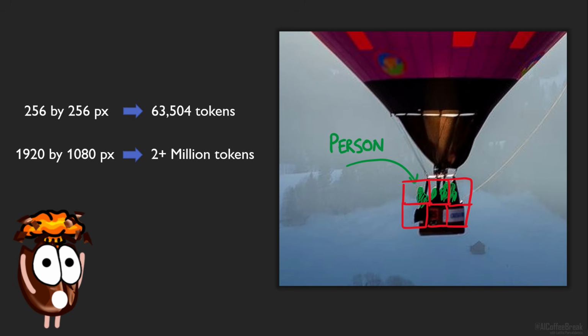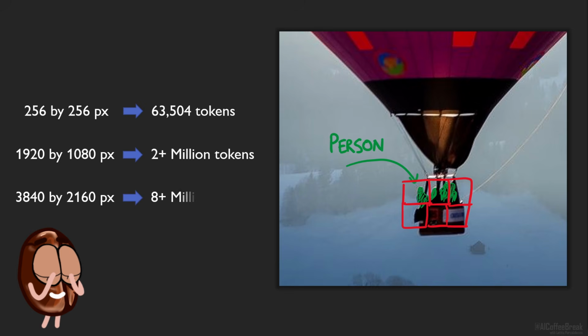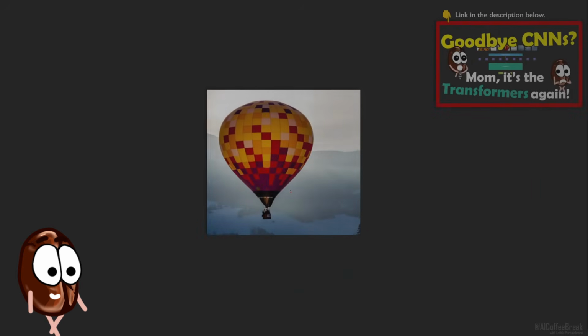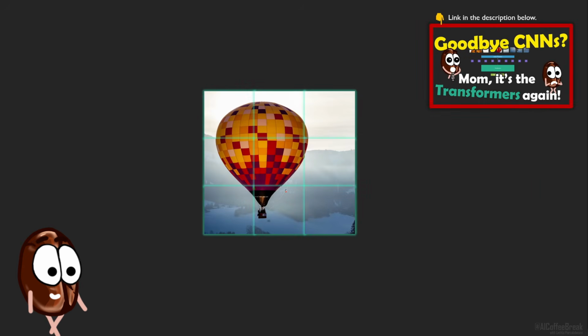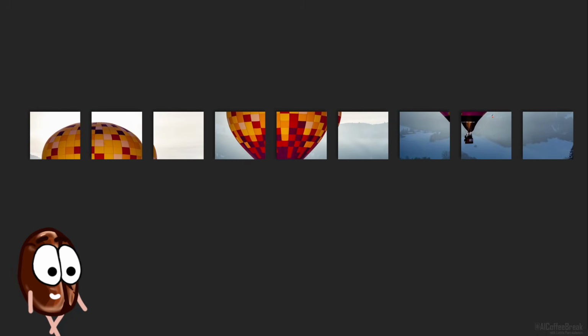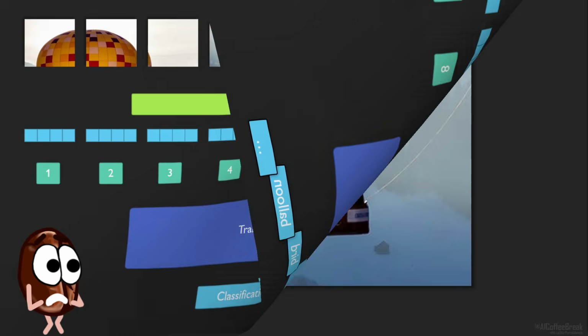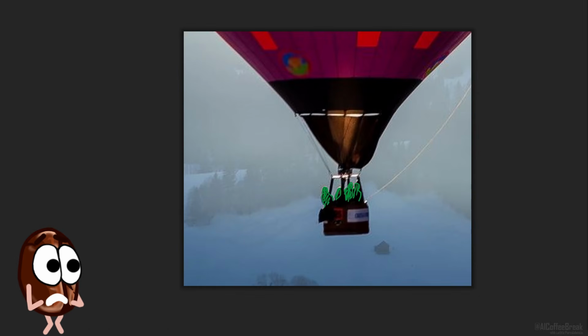This is not scalable, and we can completely forget scaling up native deep learning processing to 4K images. Who is crazy enough to even want to do that? Anyway, so now we've seen that ViT first splits up the image into patches in order to keep the sequence length within computational bounds. But this is problematic for tasks that require detailed processing of every pixel.